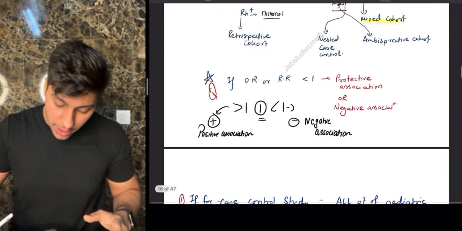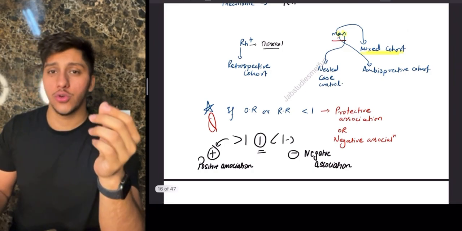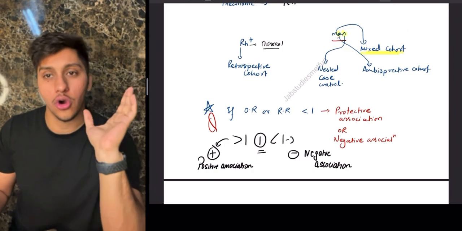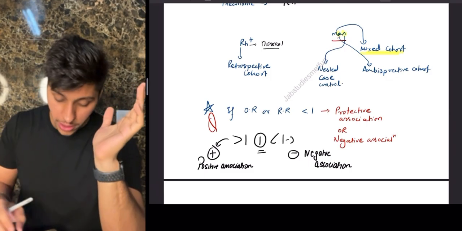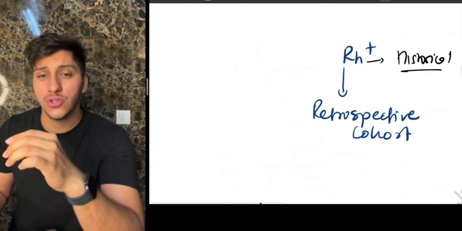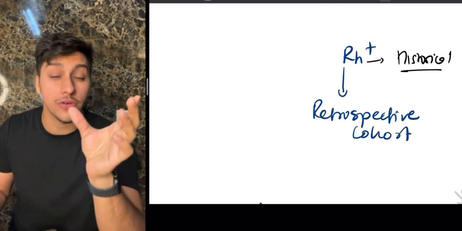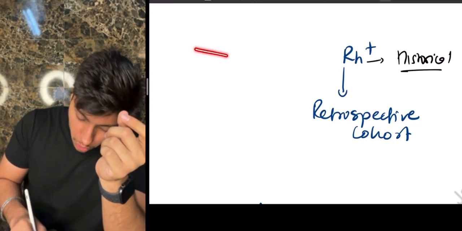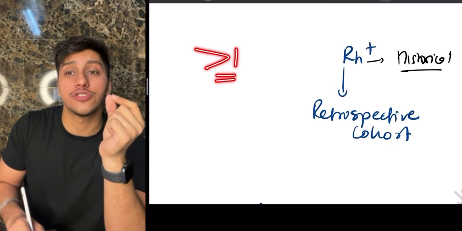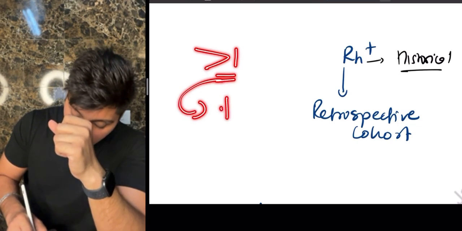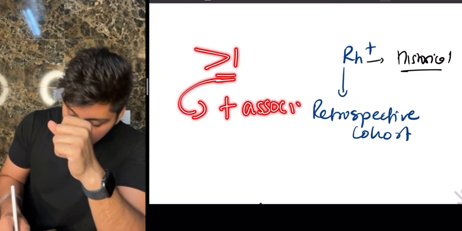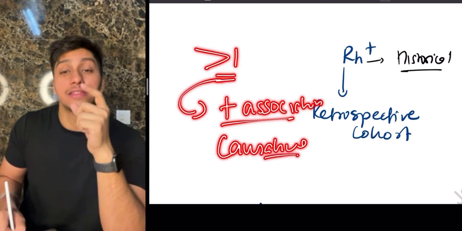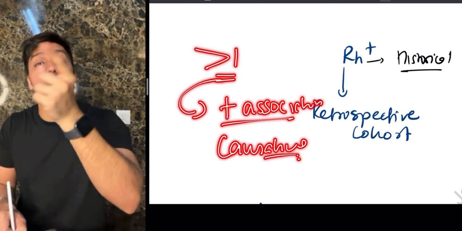Now, whenever I ask you odds ratio, that is case control. Whenever I ask you RR, relative risk, that is your cohort. Till there you guys already know. Whenever you see odds ratio or risk ratio, we are trying to find out the relation of the risk factor with the disease. Any value more than 1 means you have a positive or causative association, which means this risk factor is responsible for this disease.